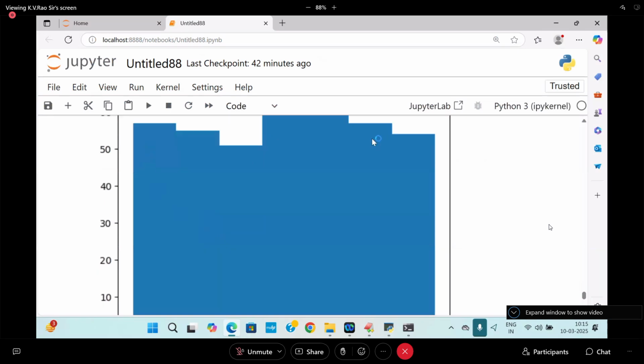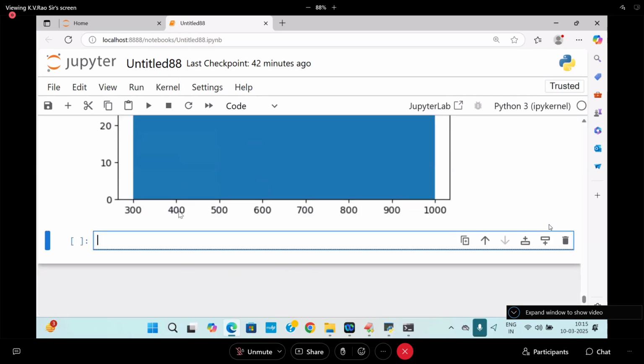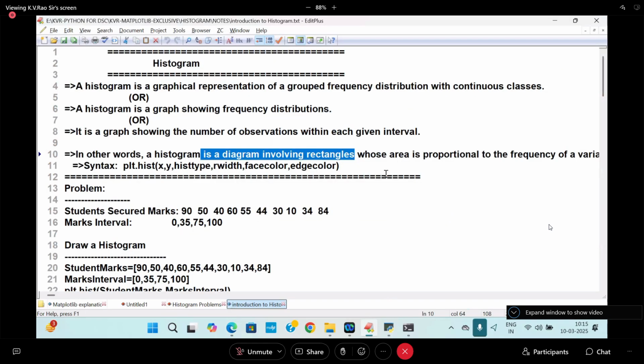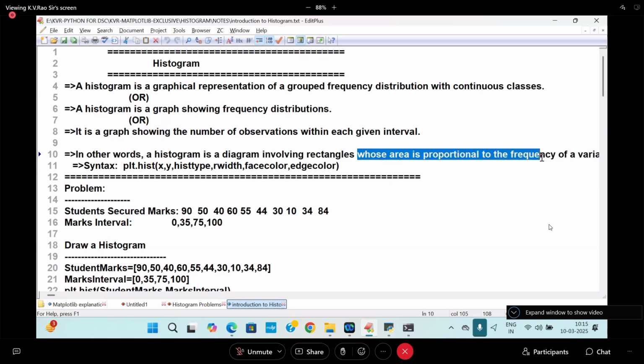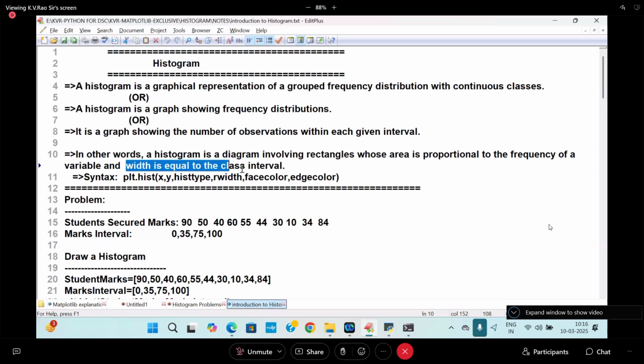This is one rectangle, showing the number of frequencies versus its interval, whose area is proportional to the frequency of the variable. For 300 to 400, what is the frequency? For 400 to 500, what is the frequency? The width is equal to its class interval: 300 to 400 is one interval, then 400 to 500, like that.